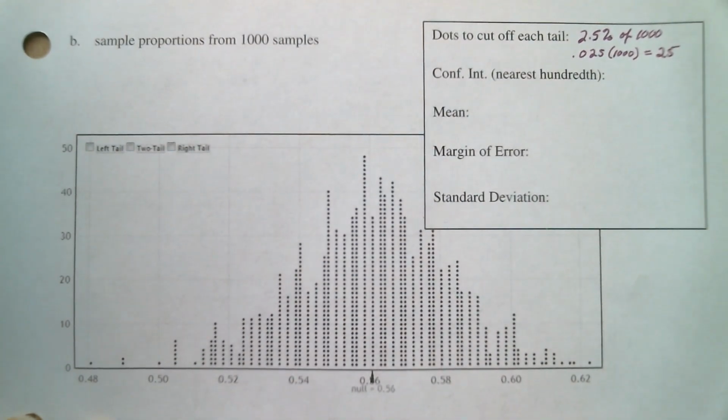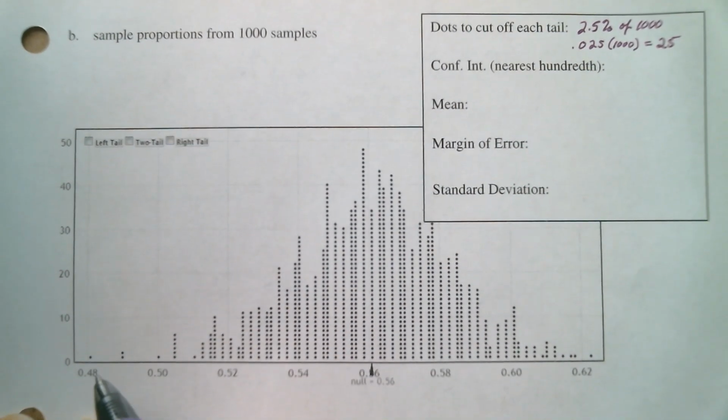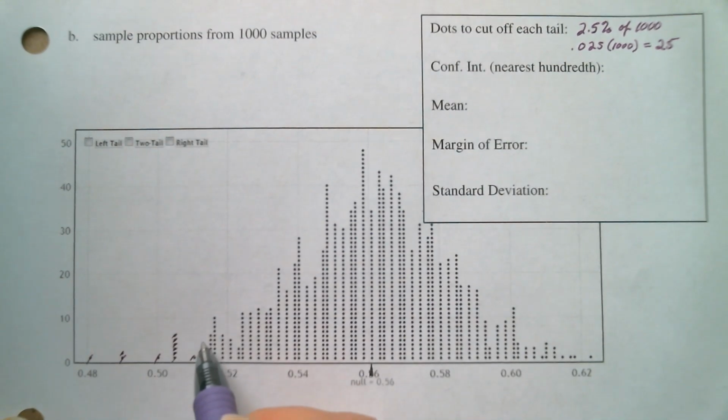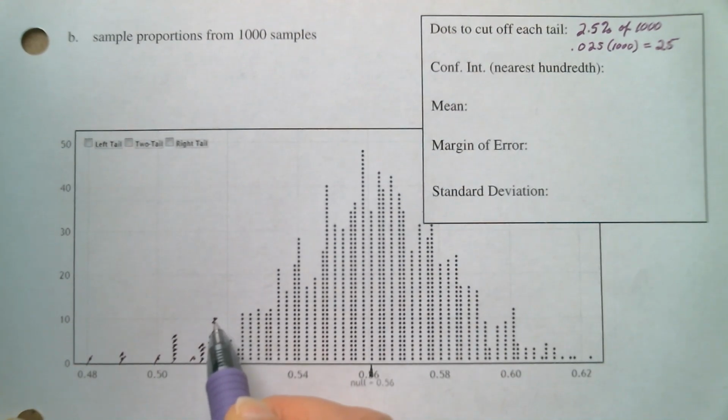So we have to cross off 25 dots on the left tail and the right tail. So go ahead and count. 1, 2, 3, 4, 5, 6, 7, 8, 9, 10, 11, 12, 13, 14, 15, 16, 17, 18, 19, 20, 21, 22, 23, 24, 25.